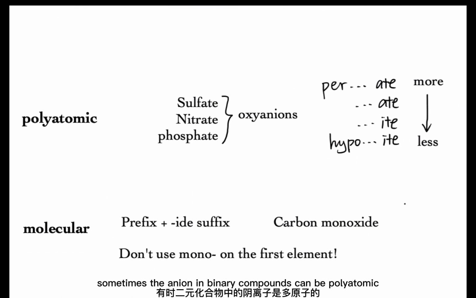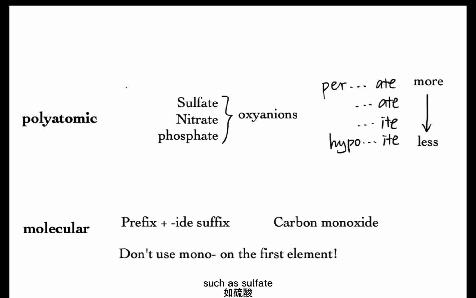Sometimes, the anions in binary compounds can be polyatomic, such as sulfate and nitrate and phosphate.